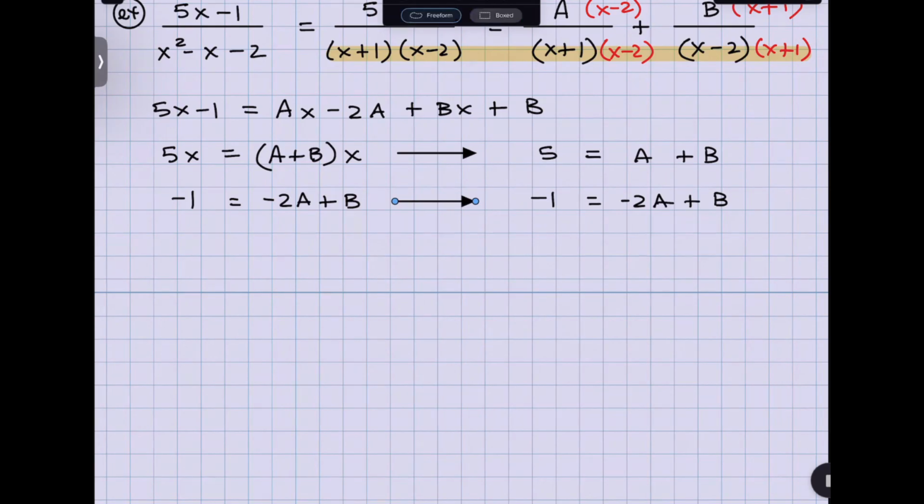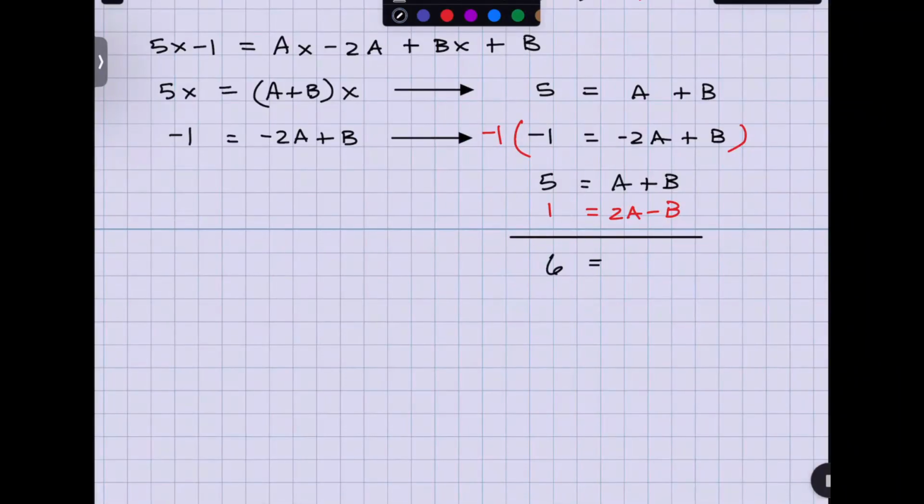So why not multiply this by -1. Look at that! By golly gee, I just found A. What's B going to equal?